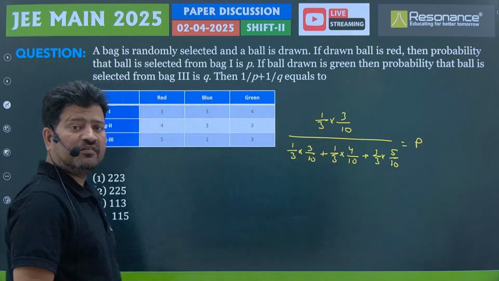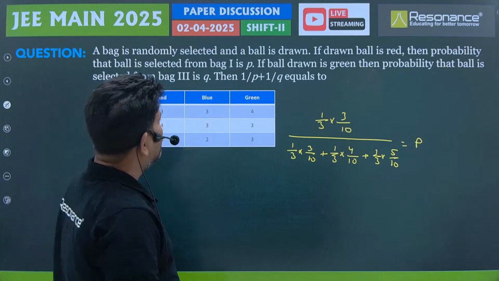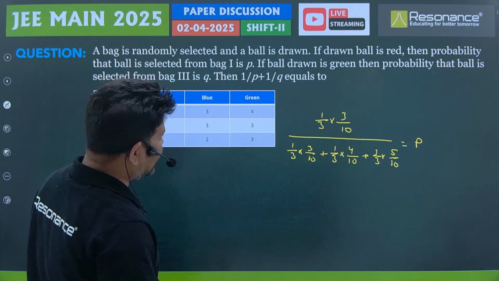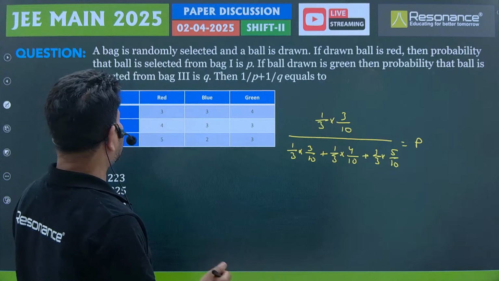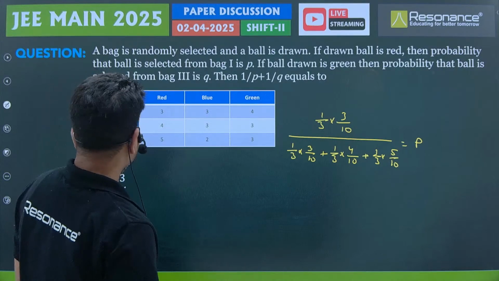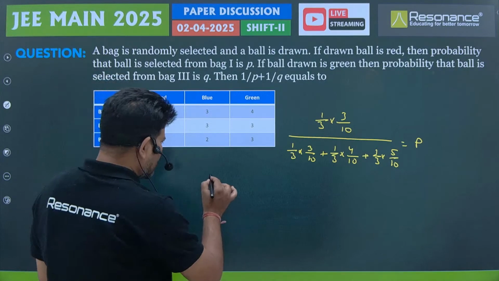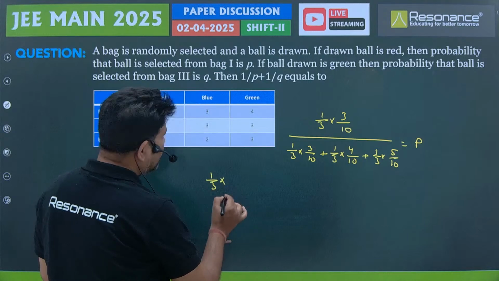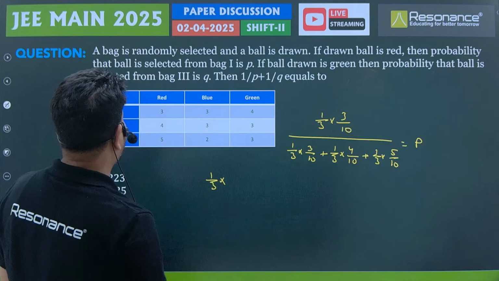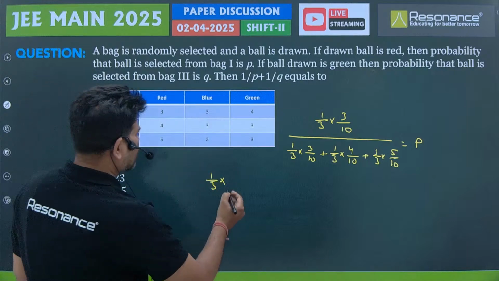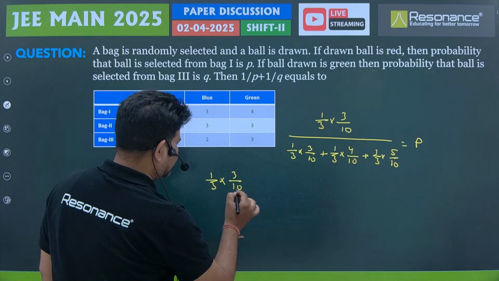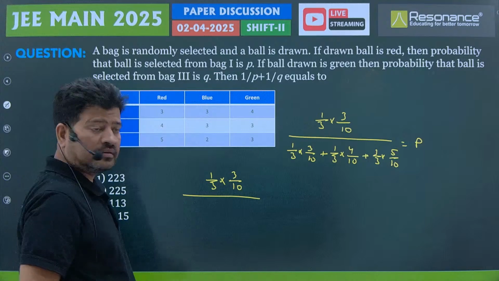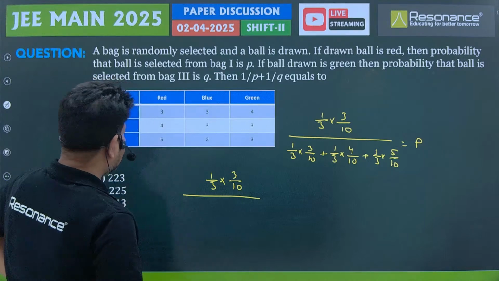Now we can find the value of Q. So if the ball drawn is green, then the probability that the ball is selected from the third bag. So probability of the third bag also 1 by 3. Ball, the green ball. So from the third bag, green ball chances are 3 by 10. Again, total probability we can take here.